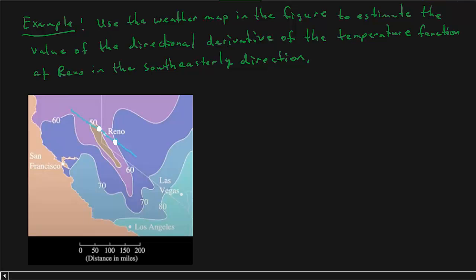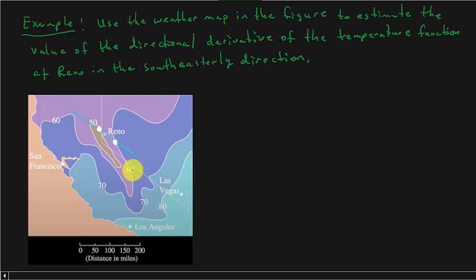What we're looking for is where this line intersects these isothermals. You can see it intersects at 60 and 50. This isothermal line is 50 and this one right here is 60.